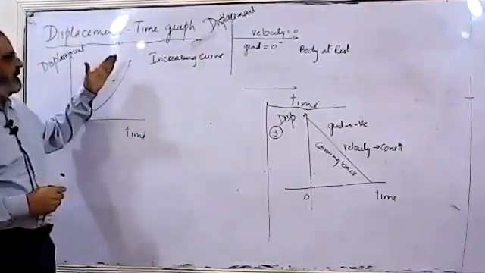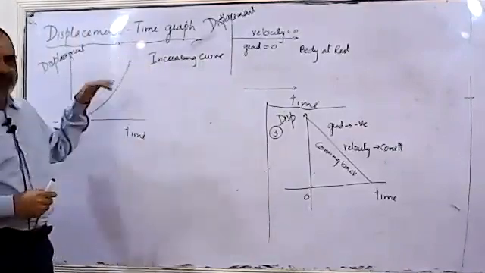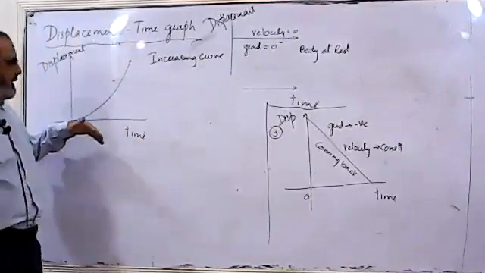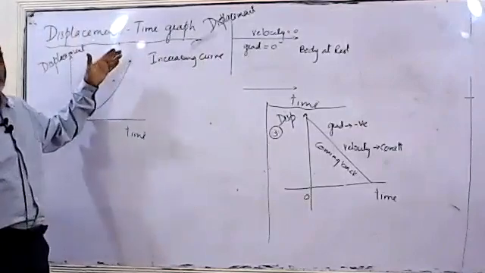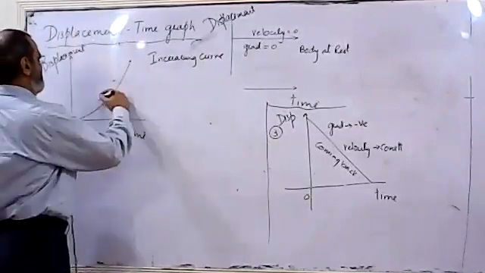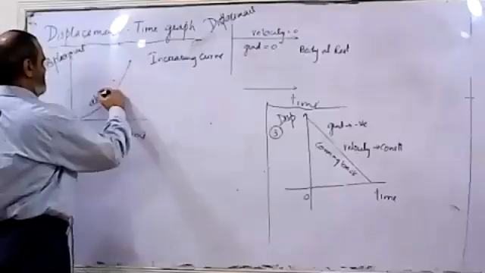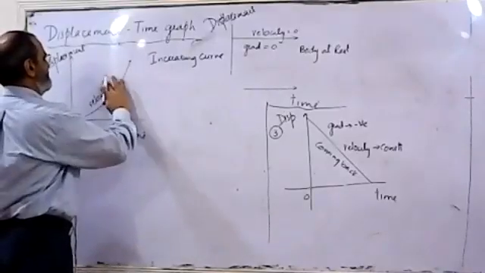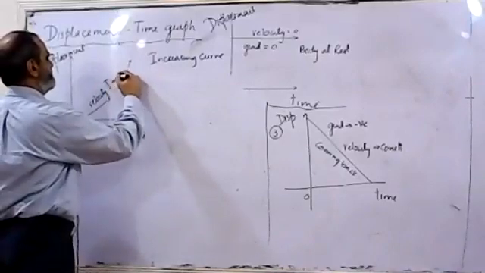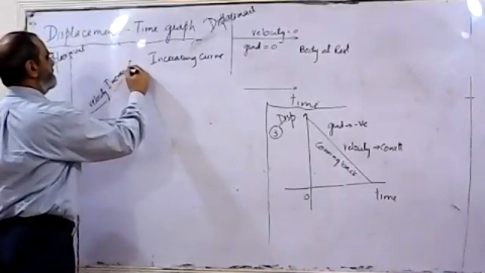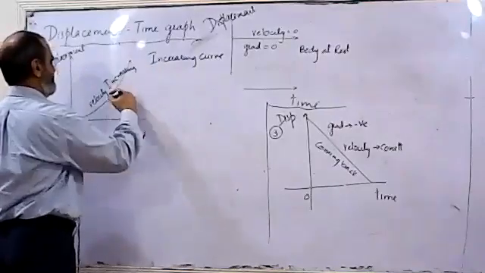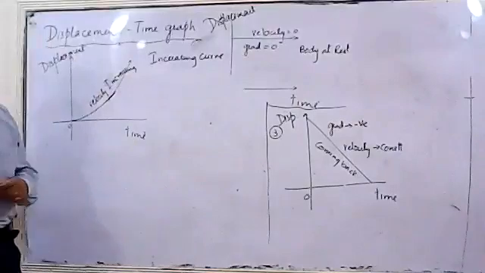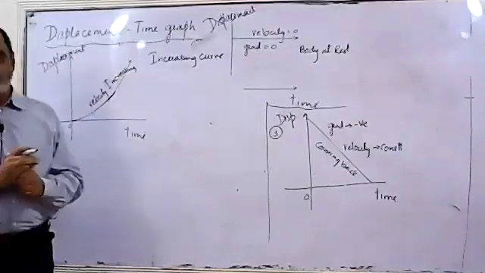So the velocity is increasing. It is non-uniform, not constant.